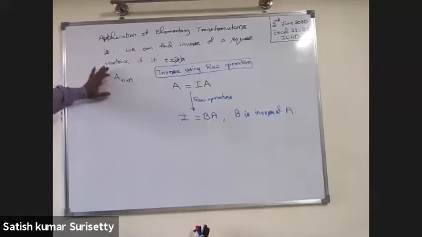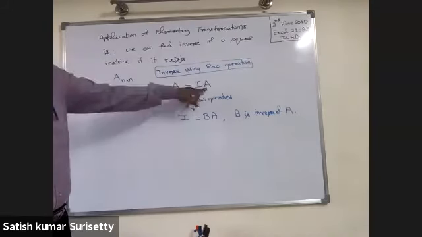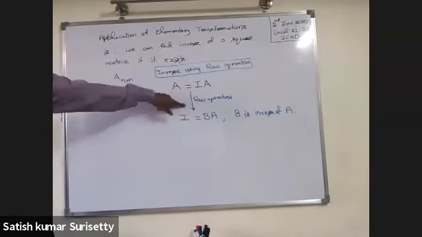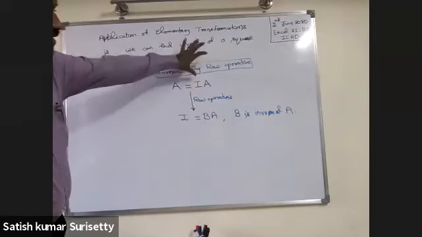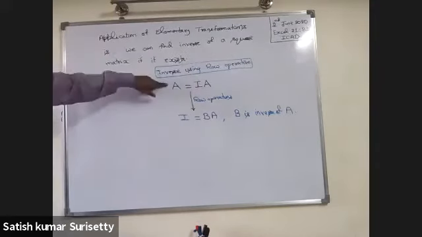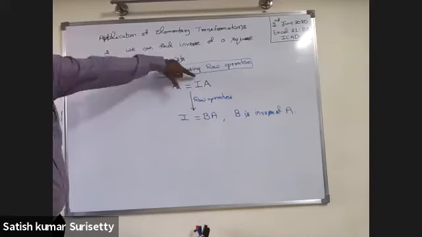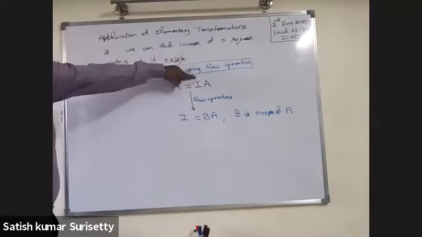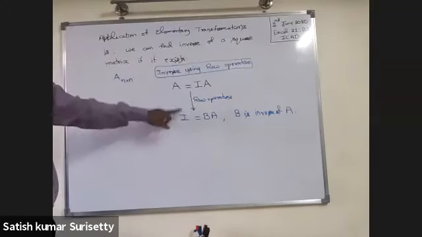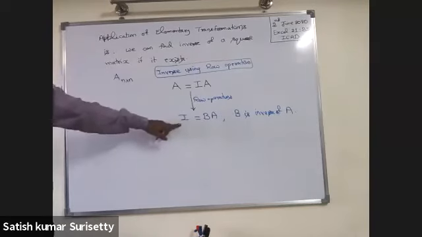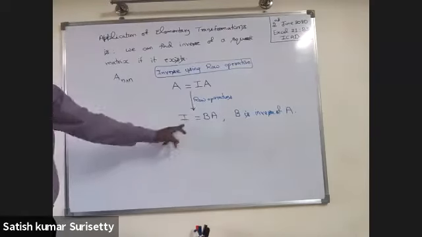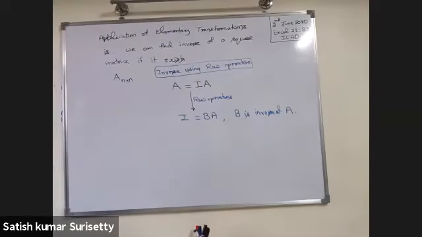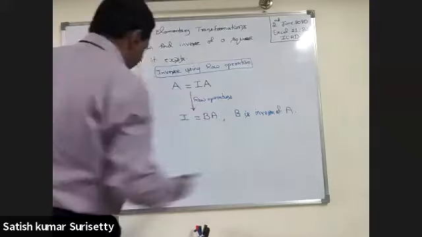Then we can write the matrix equation as A equal to I into A. Now apply the row operations on the left side of the matrix A, which is always equivalent to applying the same row operations on the prefactor of the product. That is, you apply one operation and the same operation you apply on the identity matrix till the matrix A reaches the identity matrix. Then simultaneously the matrix I becomes another matrix B. That means I equal to B into A. Then B becomes the inverse of A.